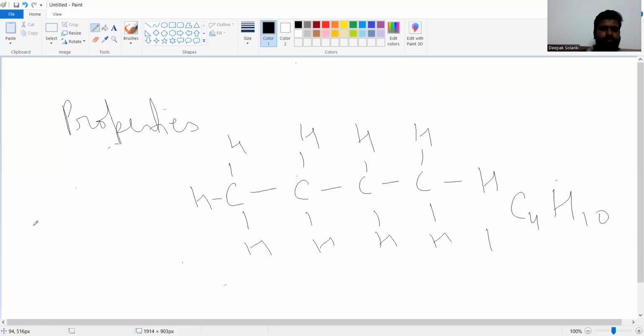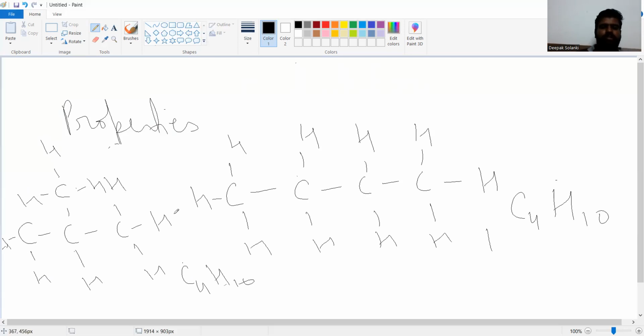We can write it like this also, 1, 2, 3, and 4. And this formula will also be C4H10, but the structures are different. The molecular formula is C4H10 only, but the structure is different. So it is an isomer. This property is known as isomerism.